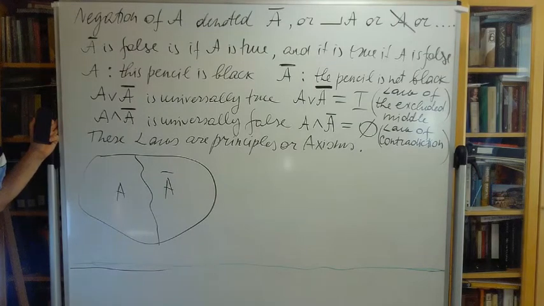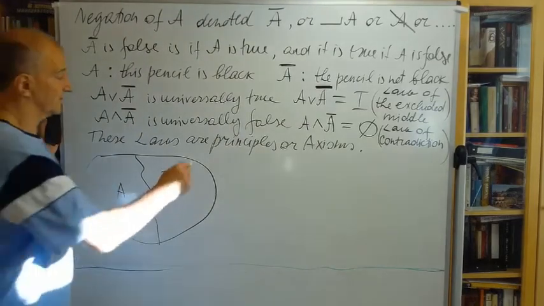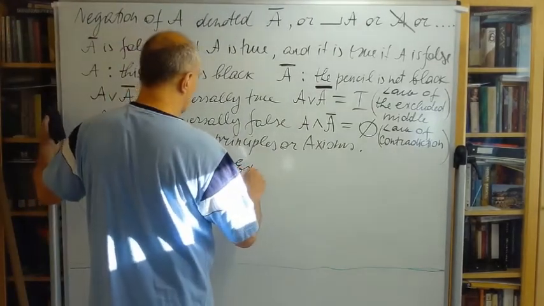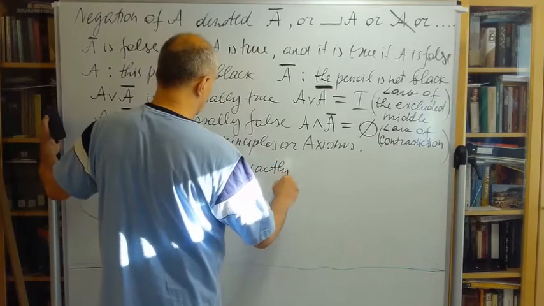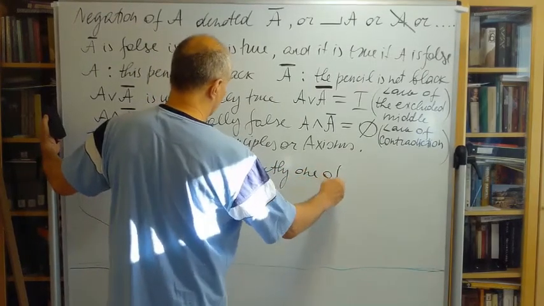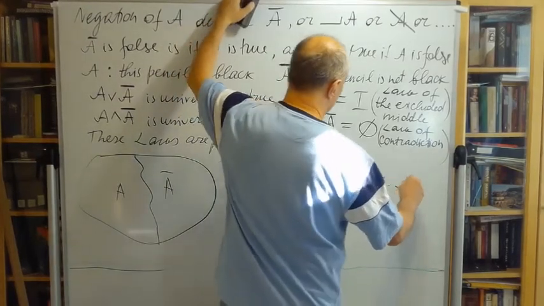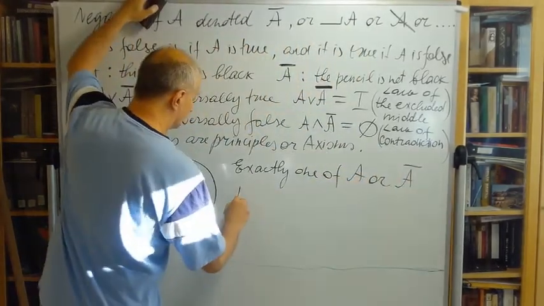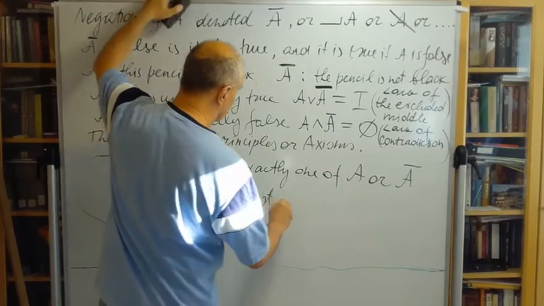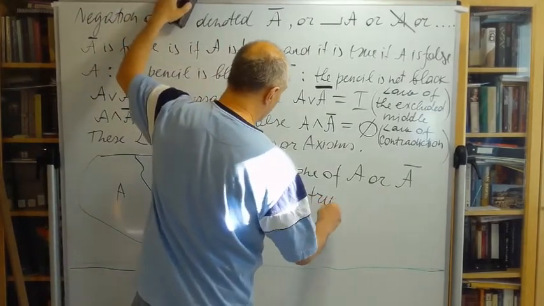Intersection is empty, there is no intersection. So exactly one of A or not A must be true.